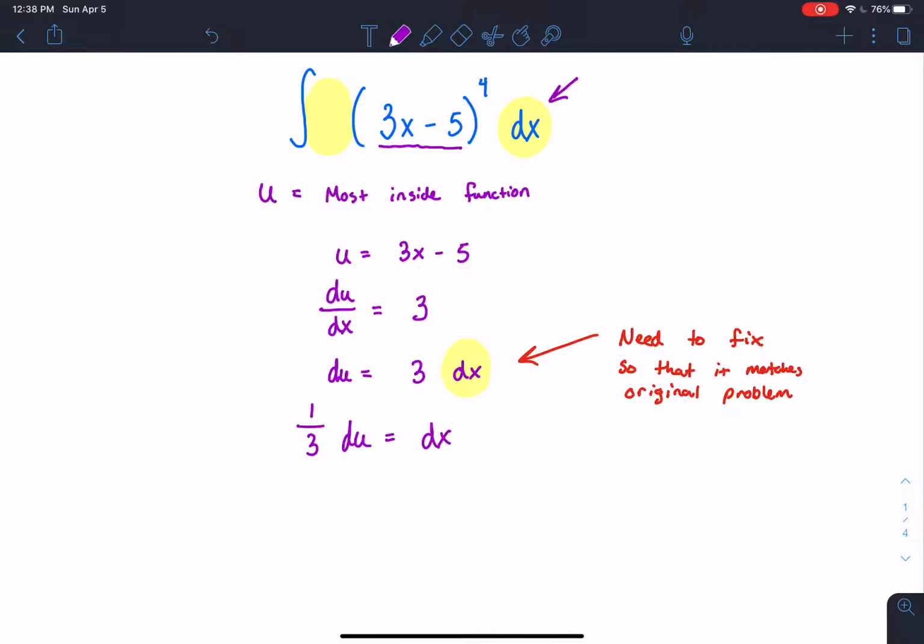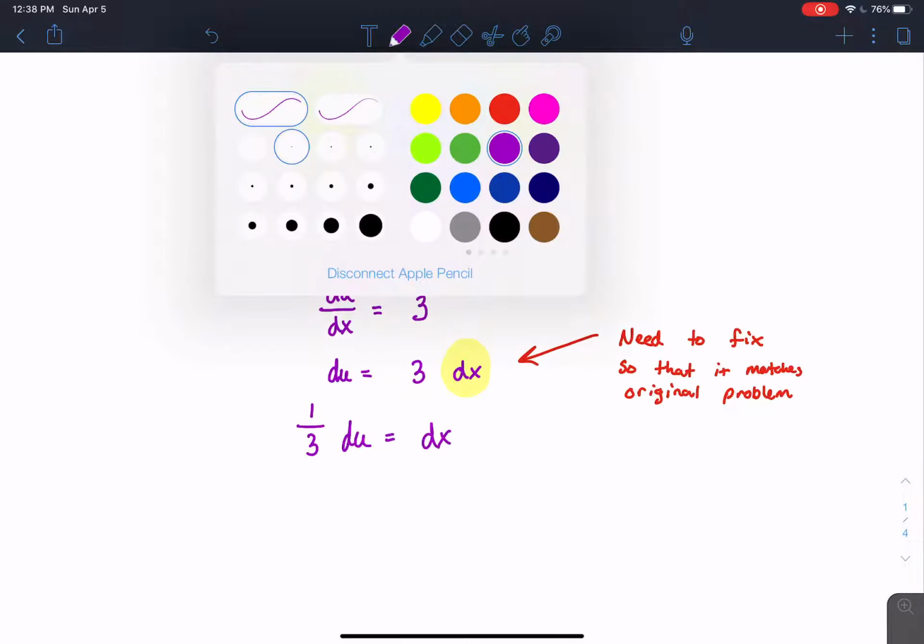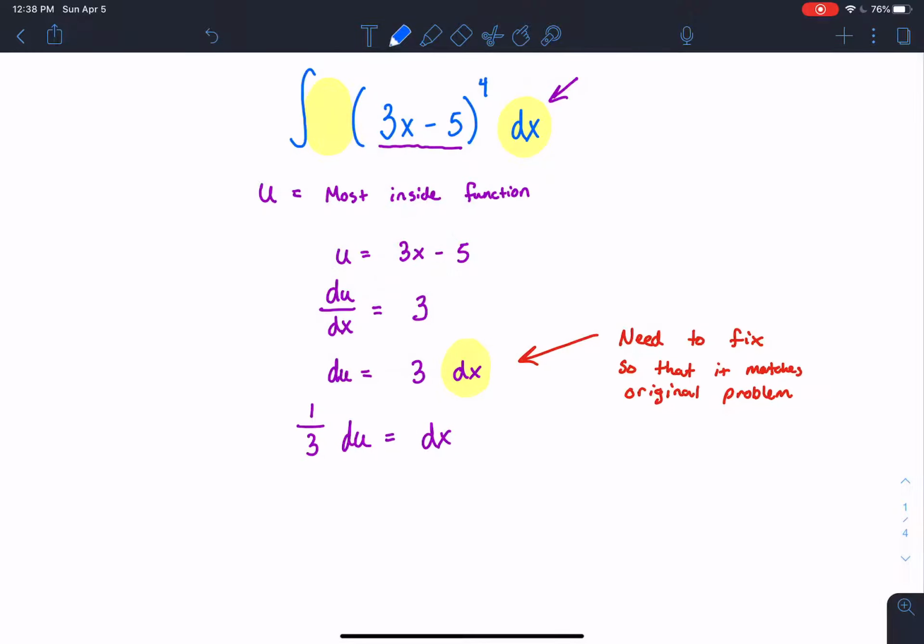Once you figured that out, now you're going to rewrite the problem in terms of u instead of in terms of x. So instead of 3x minus 5 to the 4th, we already know that 3x minus 5 is equal to u, so I can rewrite this as u to the 4th.